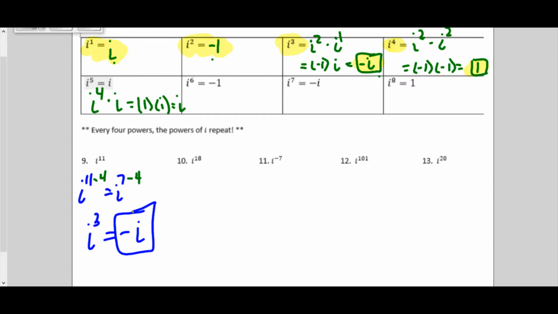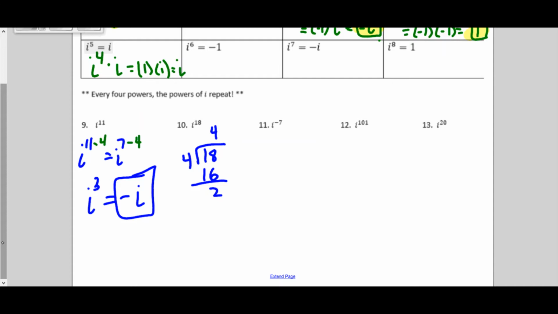Example 10, I'm going to do a little differently than number 9. Since these repeat every 4, we can take our exponent and divide it by 4. So I'm dividing 18 by 4. It goes in there 4 times. 4 times 4 is 16, so I'm left with a remainder of 2.